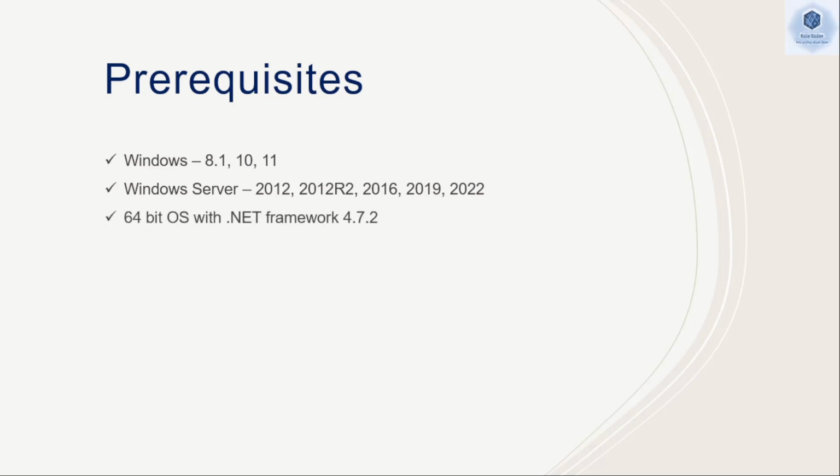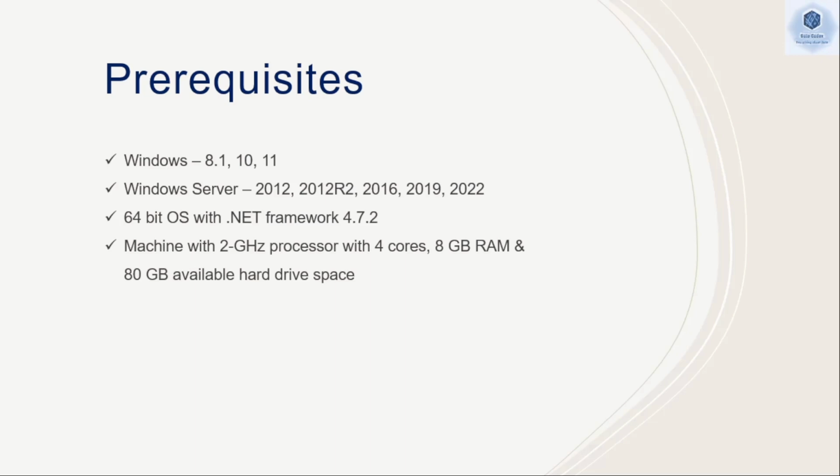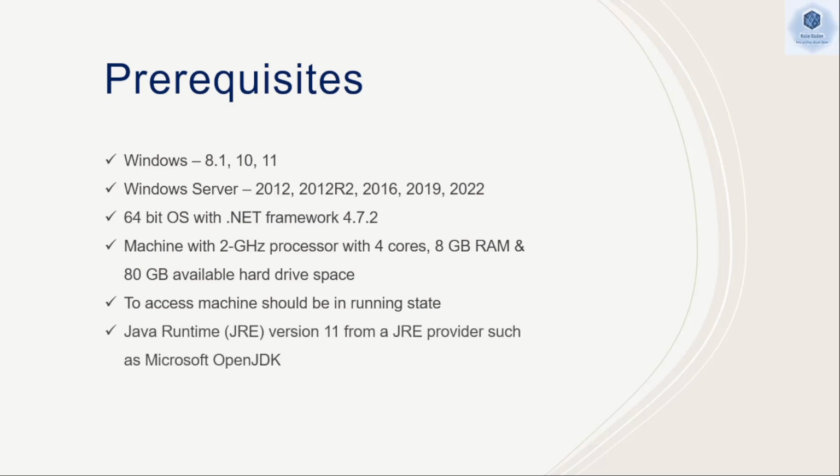You may require a 64-bit OS along with .NET Framework version 4.7.2, and a machine with a 2 GHz processor, 4 cores, 8 GB RAM and a minimum available hard disk space of 80 GB. If you need to access the self-hosted integration runtime through your pipeline activities, it must be in a running state on whatever machine you have installed it.